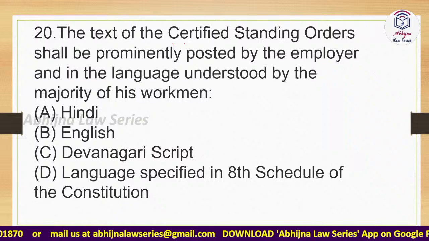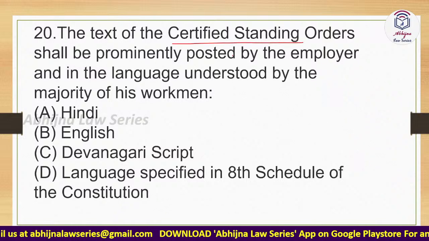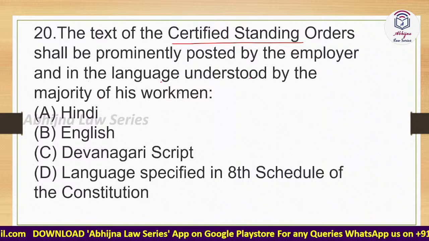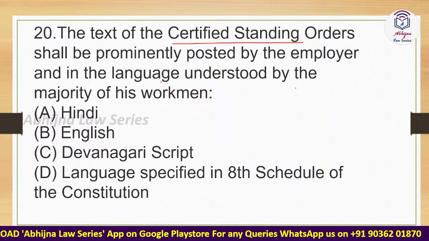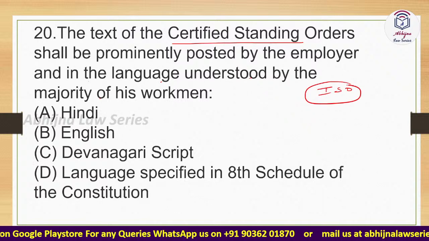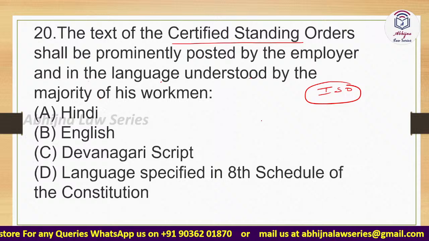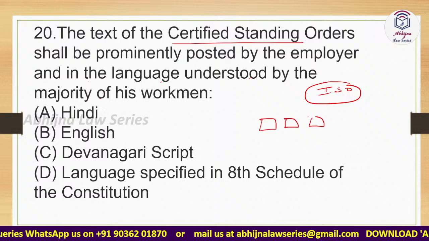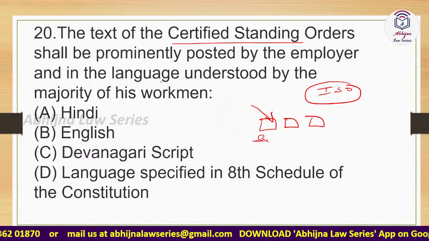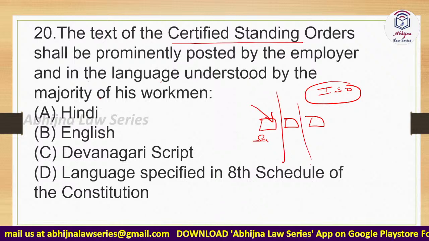The text of the certified standing orders shall be prominently posted by the employer and in the language understood by the majority of his workmen. As per the industrial standing orders, every establishment or every company should publish their rules of service, rules of employment and everything.